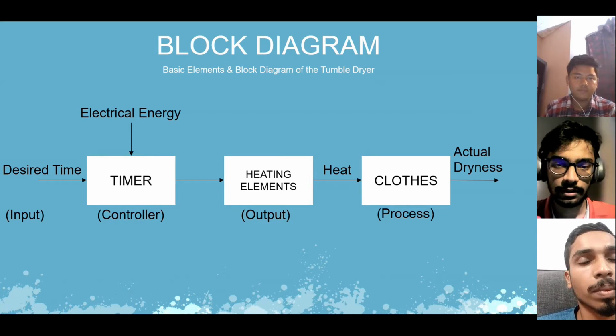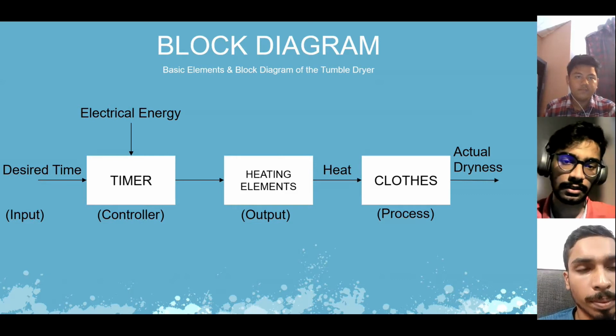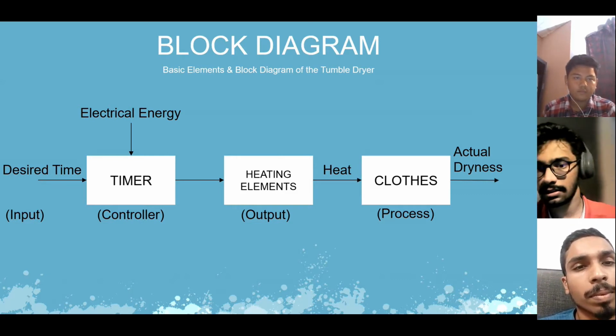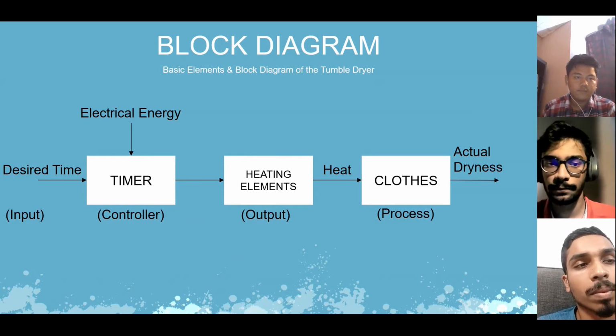So this shows that the tumble dryer does not know whether the clothes have been dried or not, but it just delivers what it has been told.